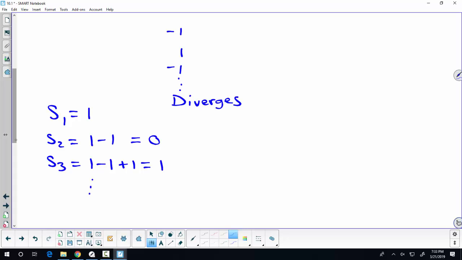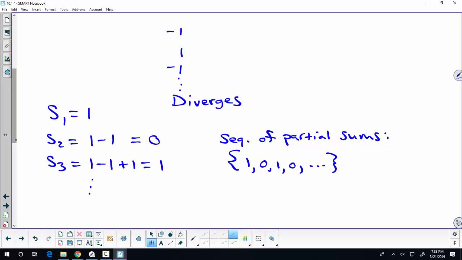So our sequence of partial sums would either be 1 or 0: 1, 0, 1. So since the sequence of partial sums isn't some finite value like a half or 1, it's 1 or 0, not one single value, it diverges. Does that make sense? Do you have any questions on that?